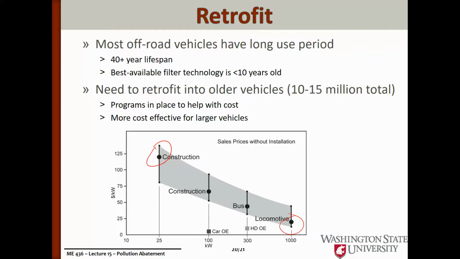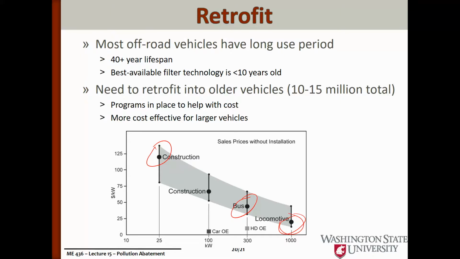The other thing that's different with these engines that aren't used for typical vehicles is they don't change over every 10 years the way you buy a new car or truck. Once you invest in a tractor, you're expecting to use that for a long time. Once you invest in a bus or a locomotive, that's a 30-year product. So the turnover rate is smaller.